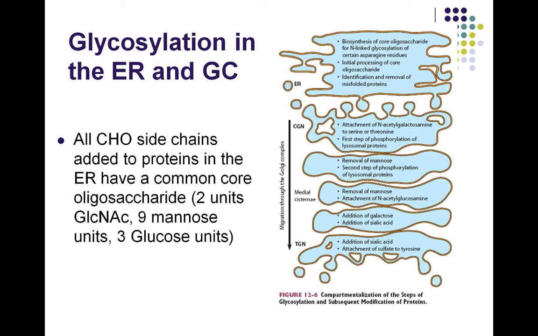Some of the most important, well, I wouldn't say most important, but ones you will encounter a lot from this point forward, are the sugars added to terminally glycosylated proteins. Three: we have galactose, sialic acid, and fucose.